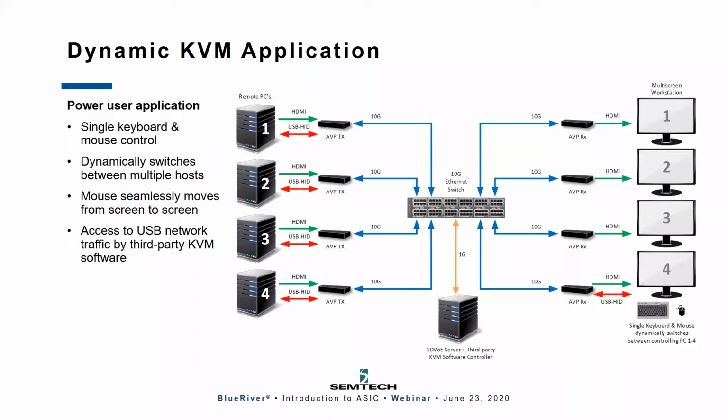And as the mouse hits the hard right, for example, of workstation 1, it will then know that the mouse should switch to screen 2 and allow control of remote PC number 2, etc. So this is a really powerful tool to let you do dynamic switching across multiple hosts where the mouse seamlessly moves from screen to screen.